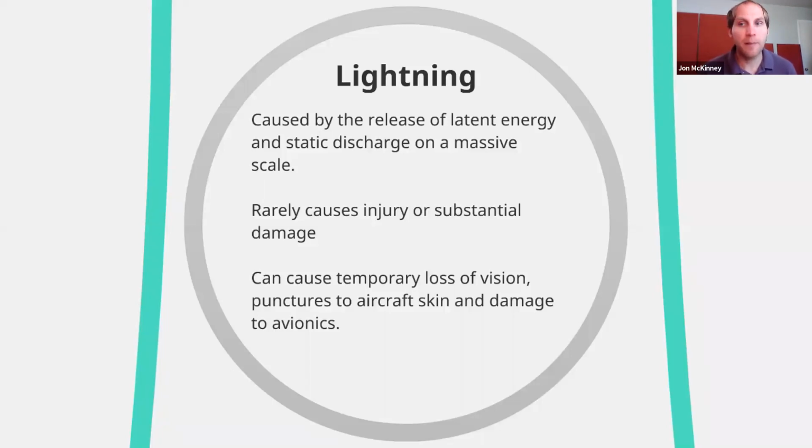It actually comes from ground to cloud, although many people talk about it looking like it's going from cloud to ground, but the speed of light's pretty fast. Lightning is a serious hazard of thunderstorms for us as pilots.